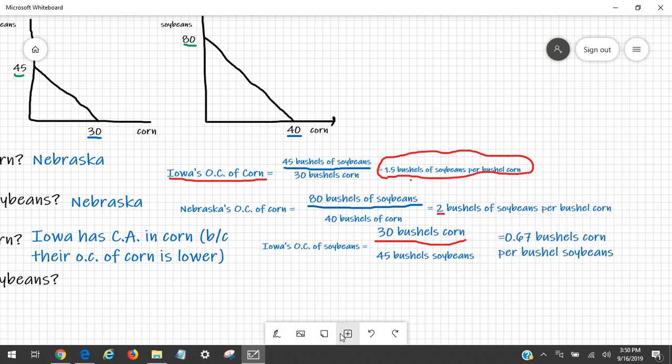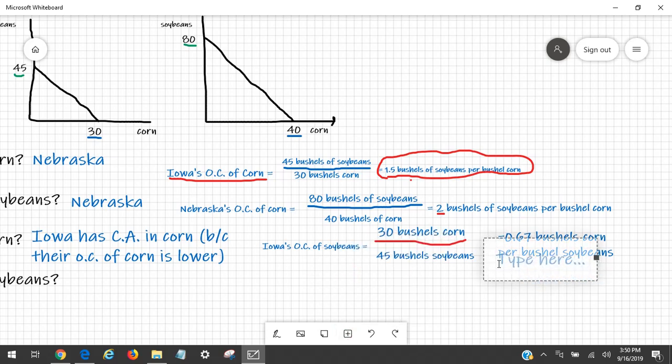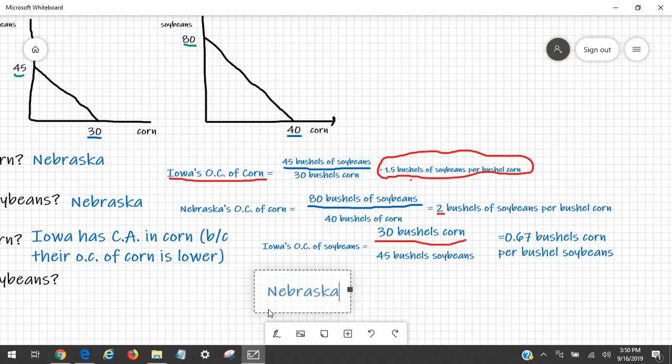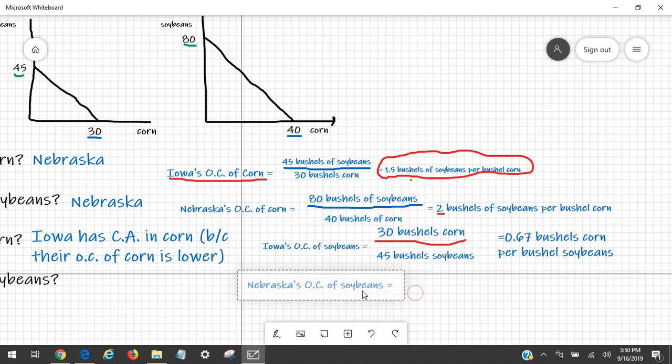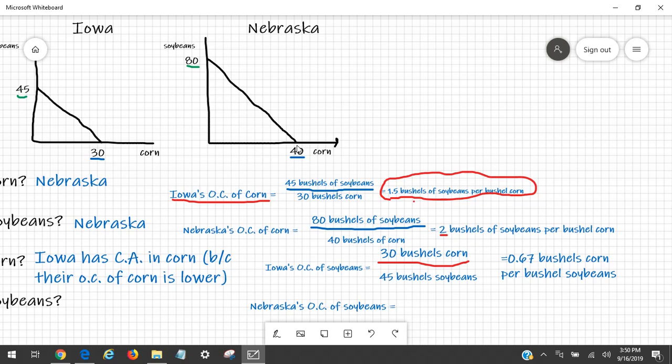Now let's figure out Nebraska's opportunity cost of soybeans, because we want to compare the two. I'll look at Nebraska's PPF, the one on the right, and I see that they give up 40 bushels of corn in order to gain 80 bushels of soybeans.